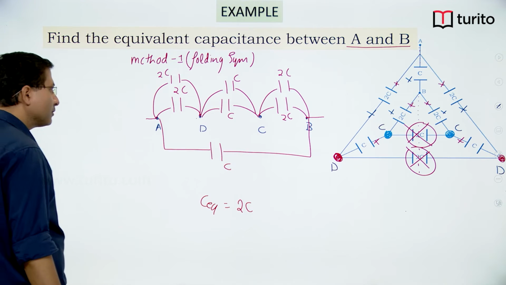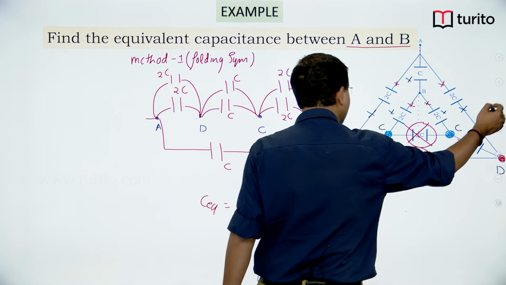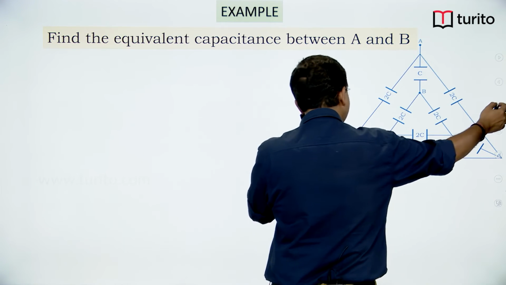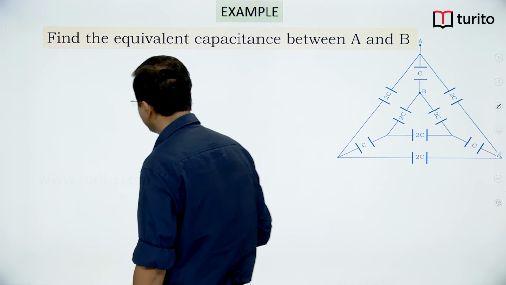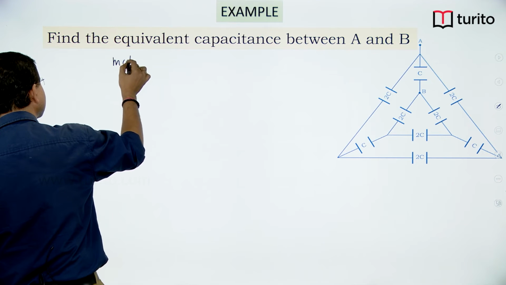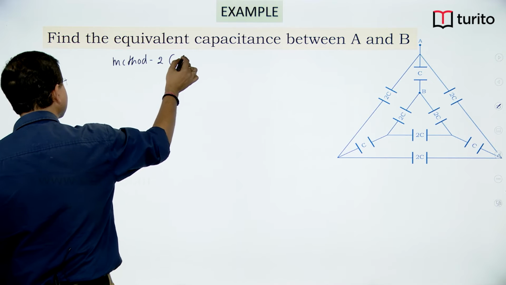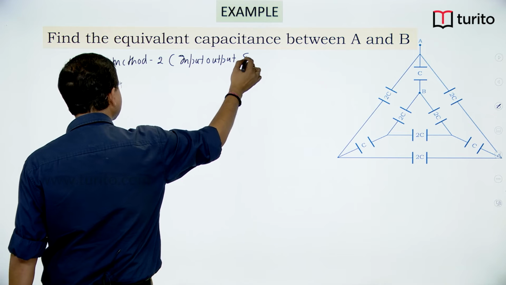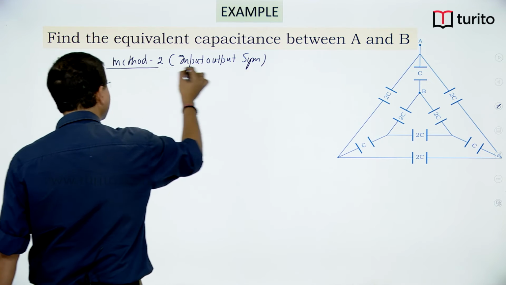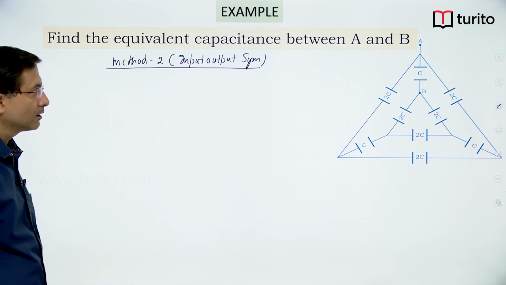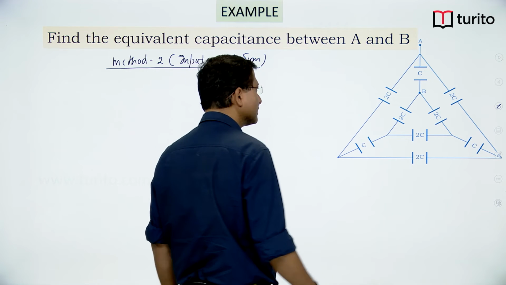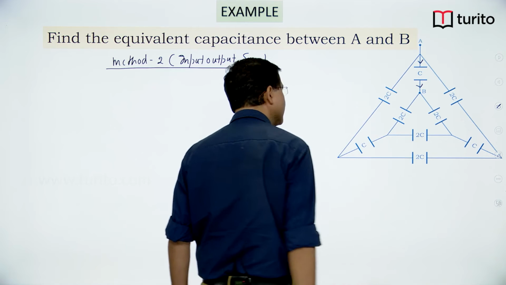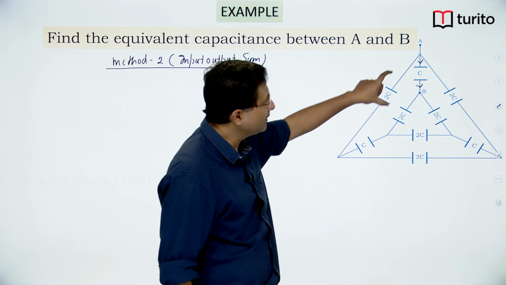If I want to solve this problem by the input output symmetry method, whatever be the charge flowing here will directly reach B. We are going to connect a battery across AB.